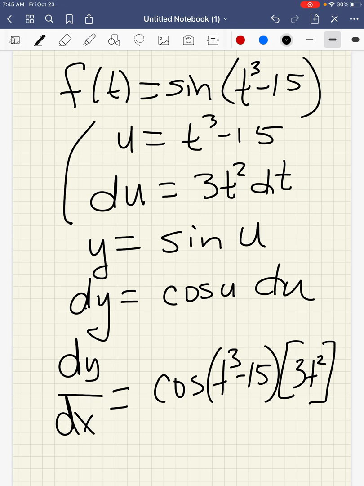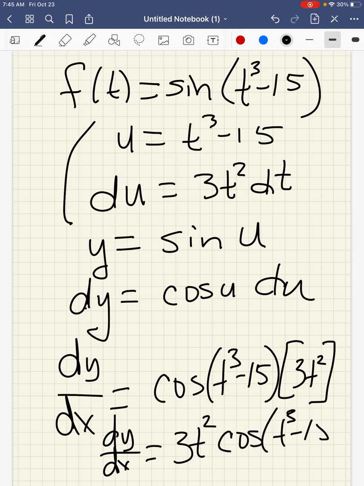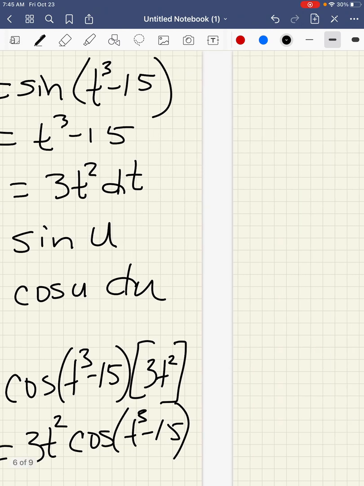And it just looks awkward to have the 3t squared out here because it almost looks like it's multiplied times the t cubed minus 15. So I'm going to rewrite that and pull the 3t squared in front of the cosine of t cubed minus 15.